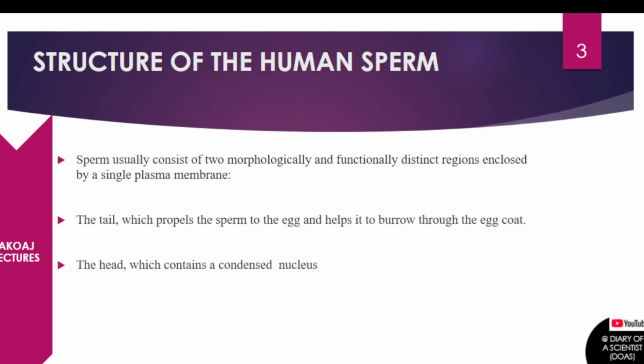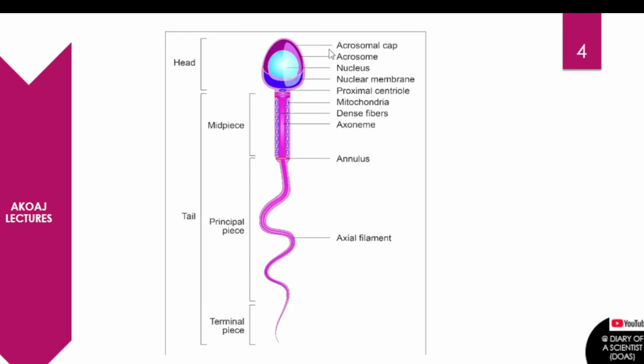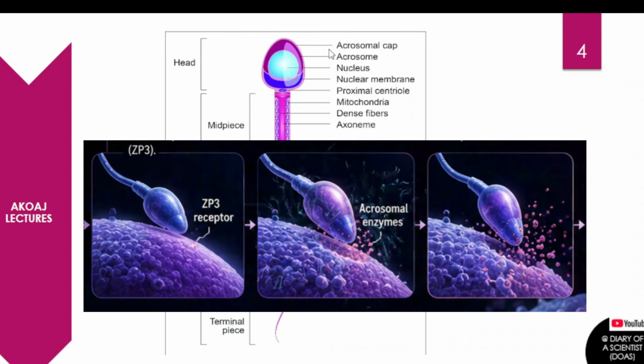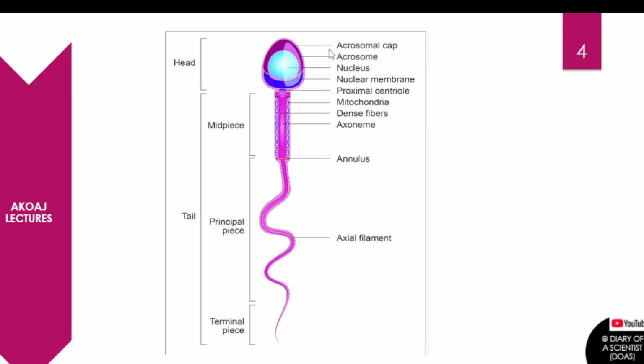This is an image to show the structure of the sperm cell. The head contains an acrosomal cap. The acrosomal cap houses the proteolytic enzyme. This enzyme enables the sperm cell to gain entry into the ovum. The midpiece contains the mitochondria. The acrosomal cap occupies 2/3 of the head size.